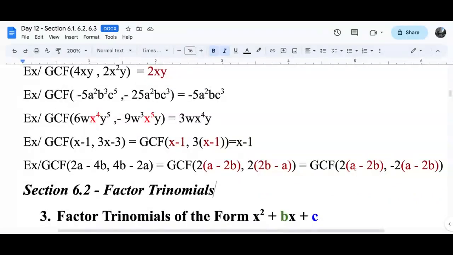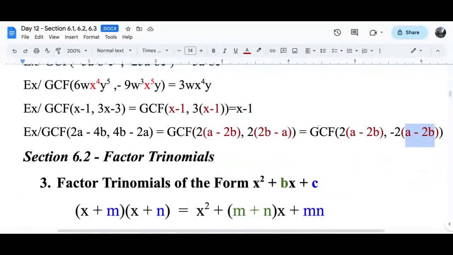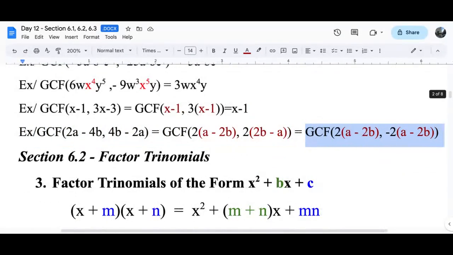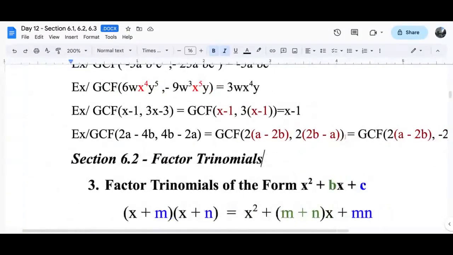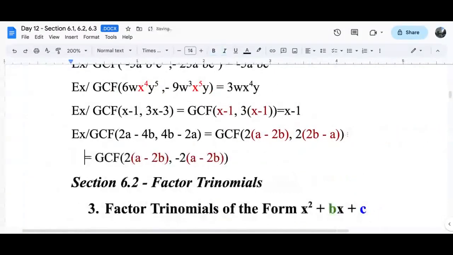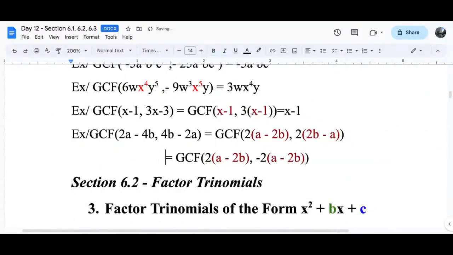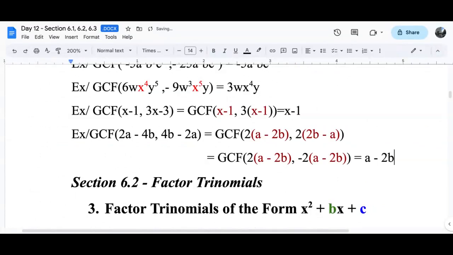But now I made a common factor: a minus 2b, a minus 2b. So the two expressions have the same factor. So the greatest common factor of those two is equal to a minus 2b.